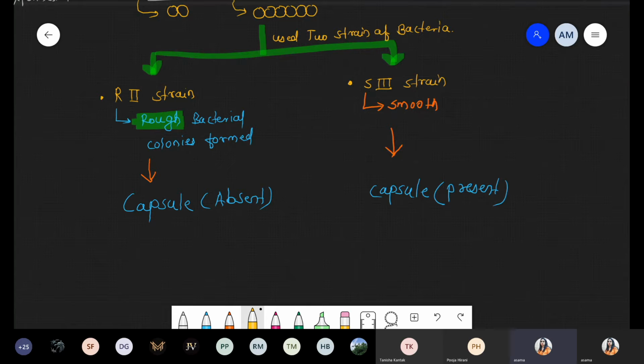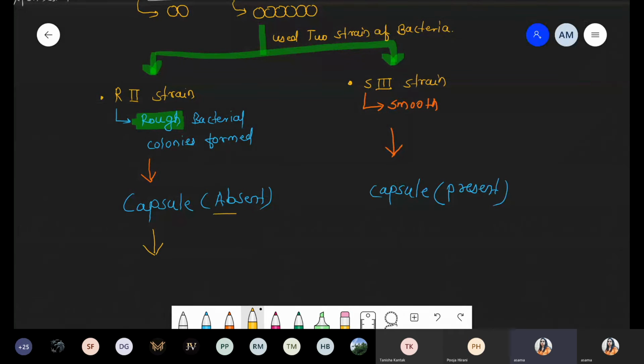Because they lack the capsule layer, and the capsule layer protects from the host body. It hides all the antigenic receptors present on the bacteria. So if the capsule layer is absent, there is no protection, and the immune system easily recognizes that foreign particle. That's why there is lysis.